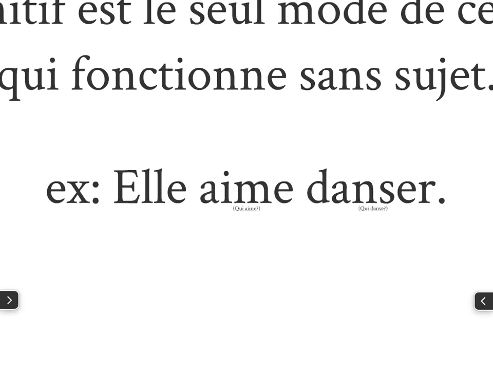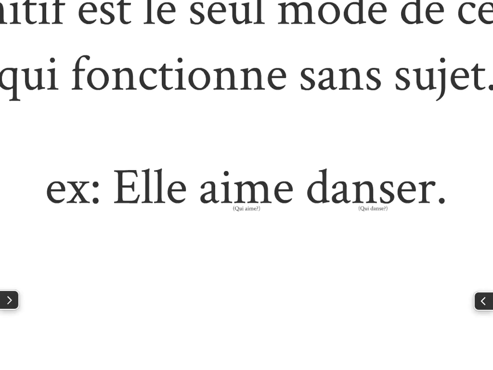So because we've got two verbs, a mental perspective, but only one subject, you use the infinitive for the second verb. This is not new. You've been doing it for a long time, you just didn't know why. Who's doing the aiming? Elle. Who's doing the danser-ing? Also elle. So you could think of it as one subject, or one subject repeated, which makes the second one unnecessary, so we just use the infinitive.